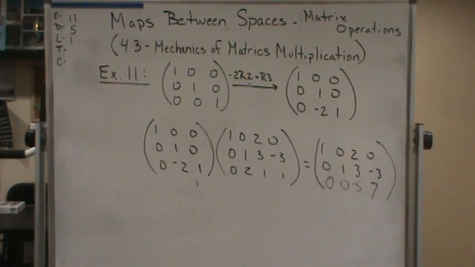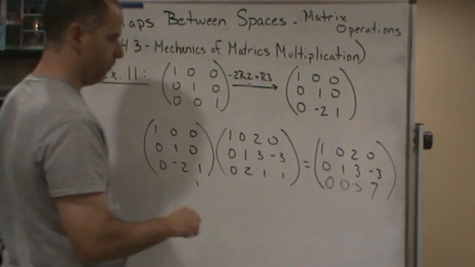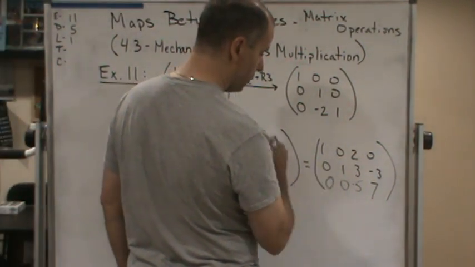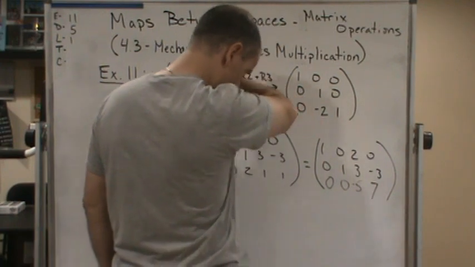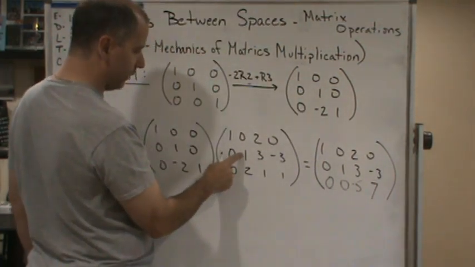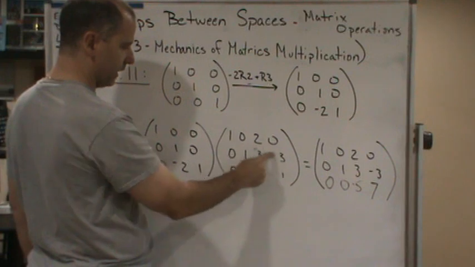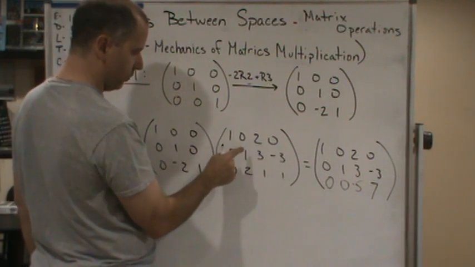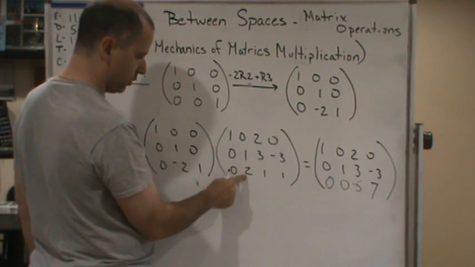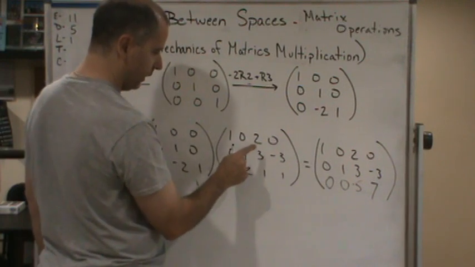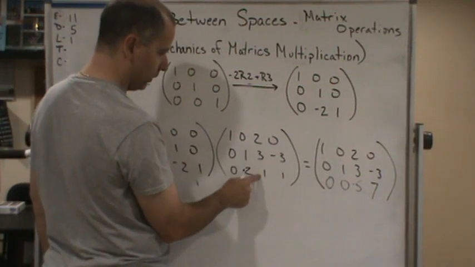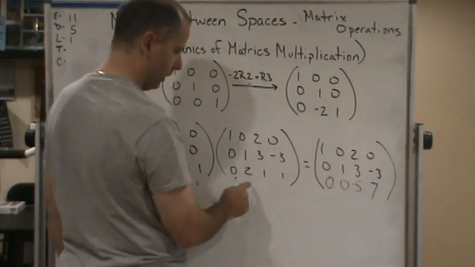And now, notice what happened. Negative 2 times the second row plus the third row. Negative 2 times 1 plus 2 is 0. Negative 2 times 3 plus 1 is negative 5.